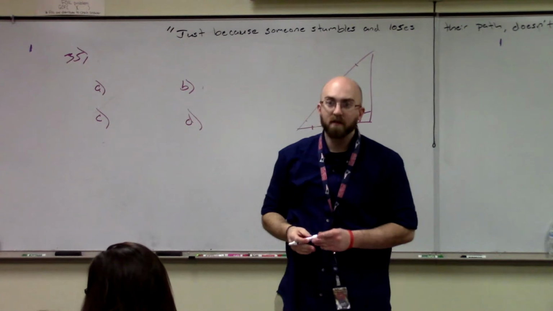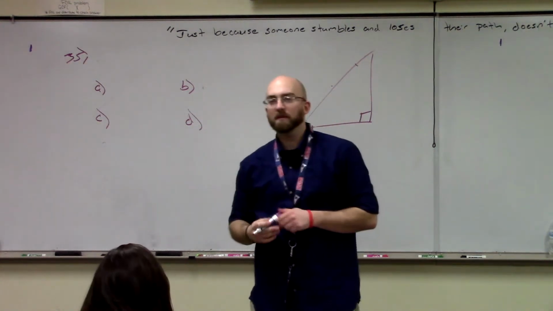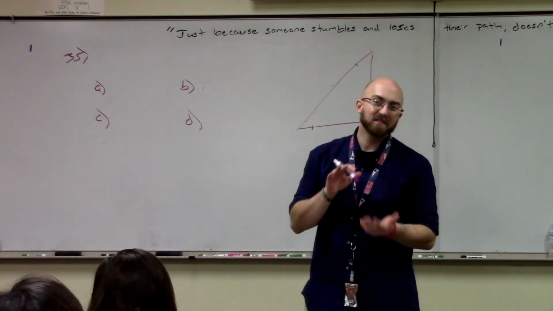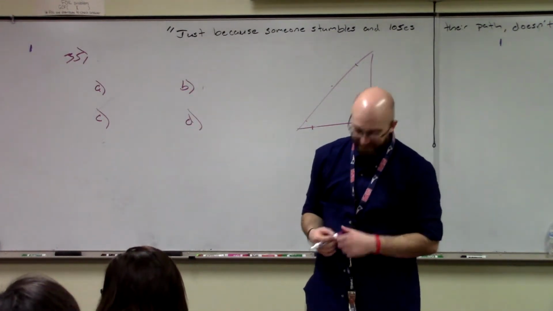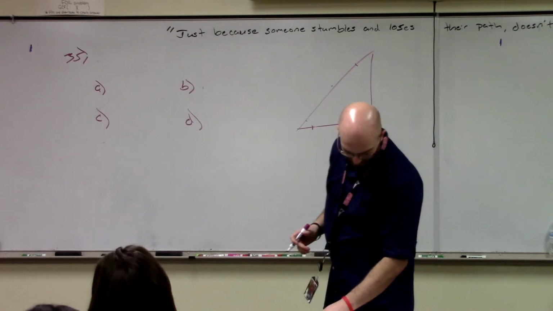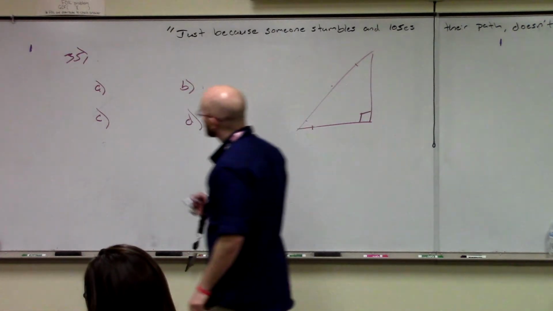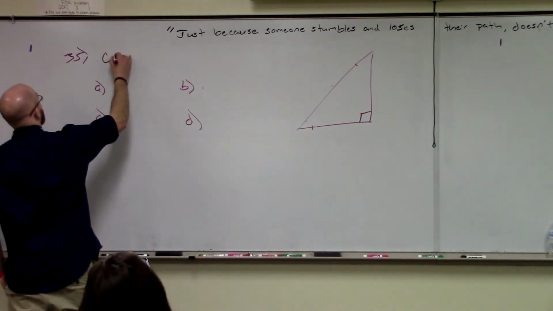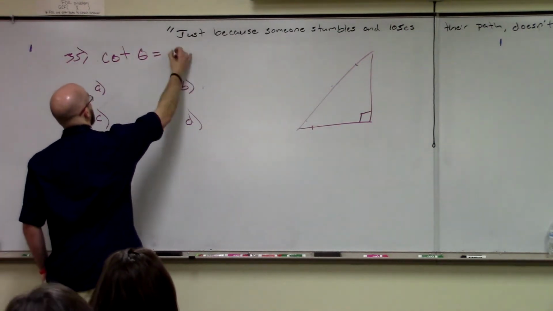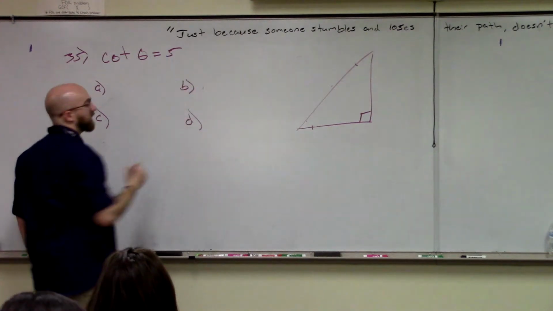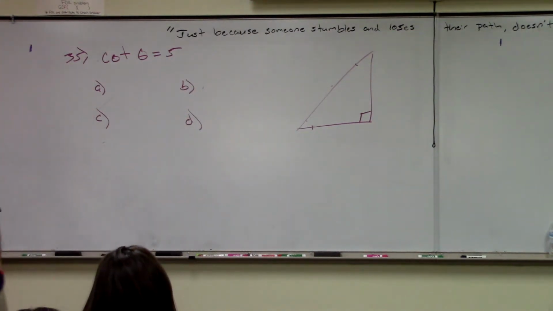Can you just make it x? You could use x if you want, but I try to use the Greek letters because it relates to the radians. But you're welcome to use x. I'm going to use theta, and it's 5, right? Why are you using theta? It's a variable, it's irrelevant.